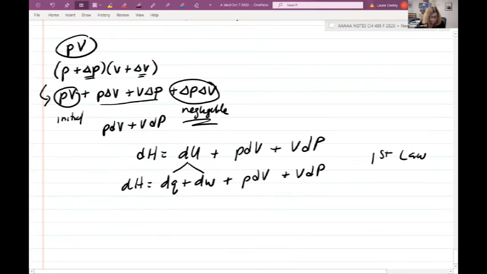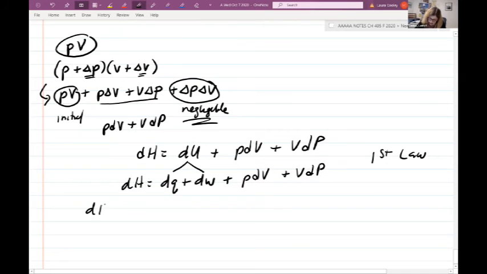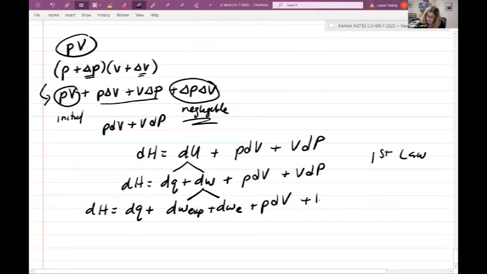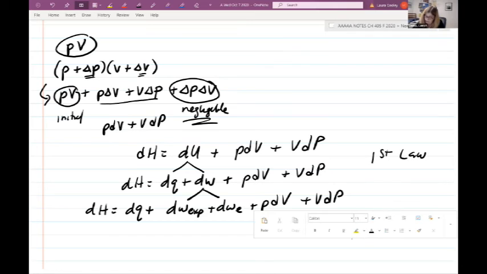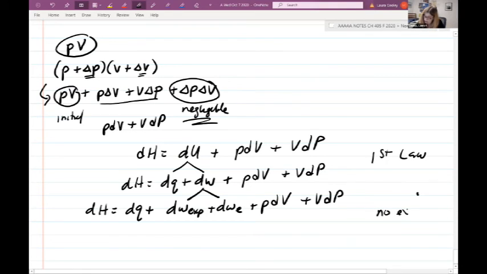Now I'm going to use the definition of work. First of all, I have to break this up into dw expansion and dw extra, but I still have P dV and V dP. And now I'm going to say no extra work. I don't need any extra work.